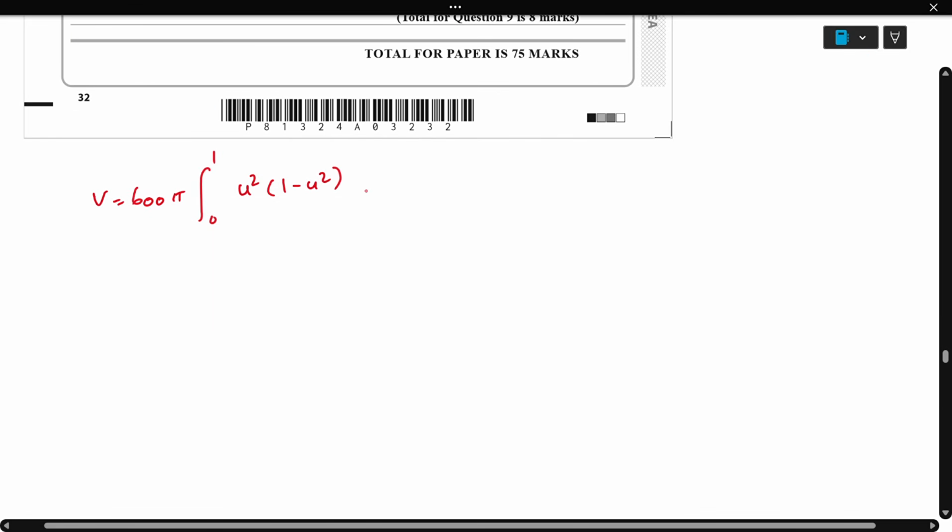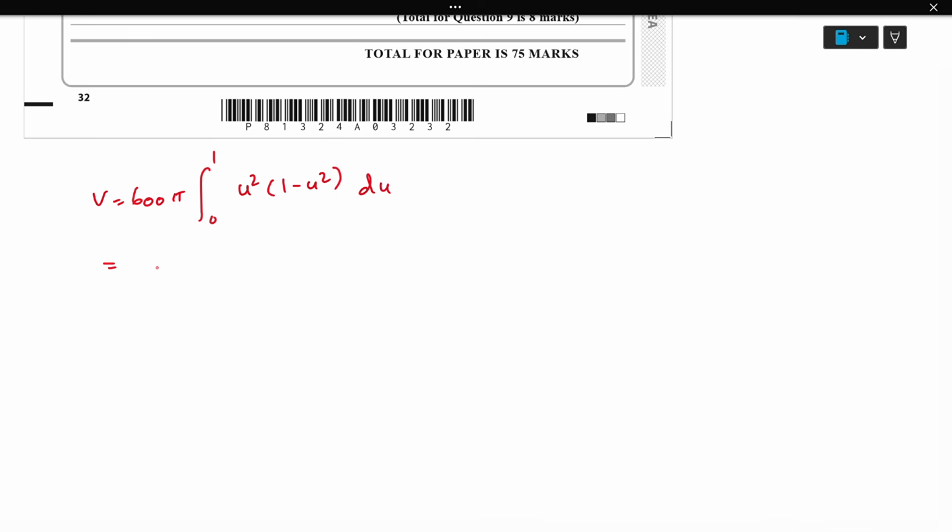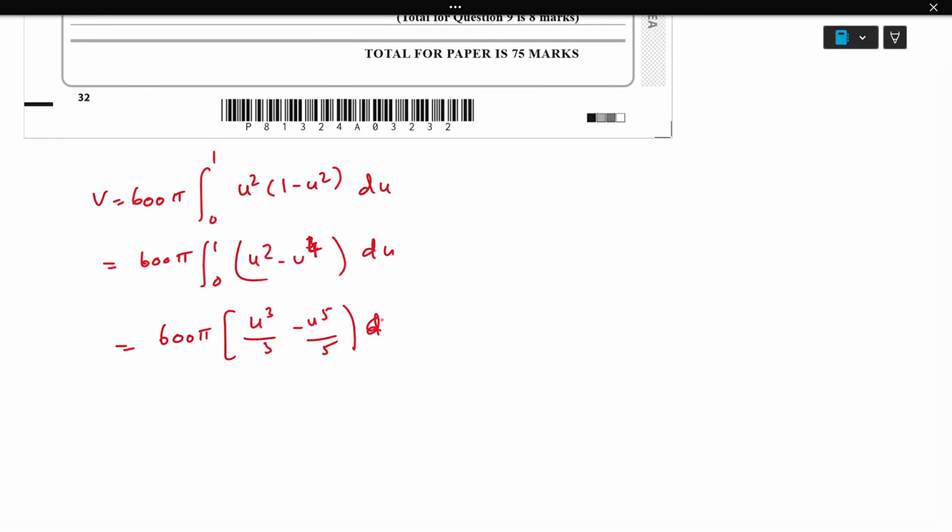Now 600 pi integral 0 to 1 of u squared minus u to the power 4 into du. Now integrating, 600 pi into (u cubed by 3 minus u to the power 5 over 5), with limits 0 to 1.